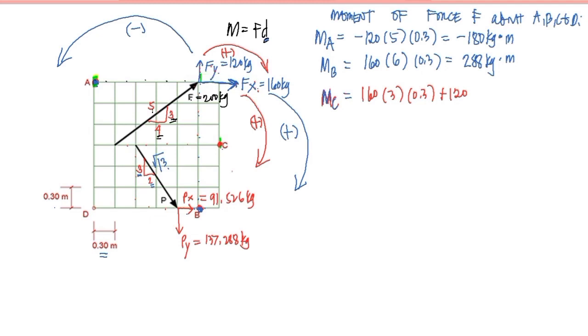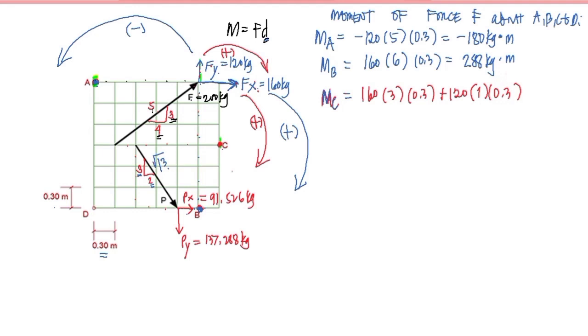So, the same yan. Since si Fy ay natatranslate naman along line of action, so ito yun. Yung distance niya, horizontal distance. Okay. So, we have here Fy. So, the distance is 1. So, 1 block lang yun. And each block is 0.3 meter.